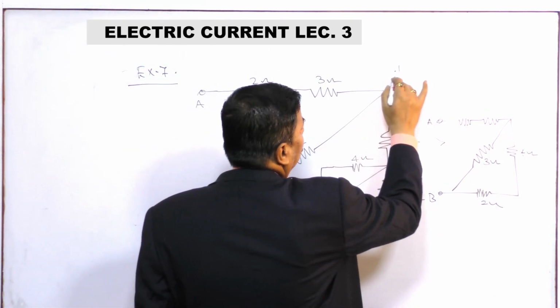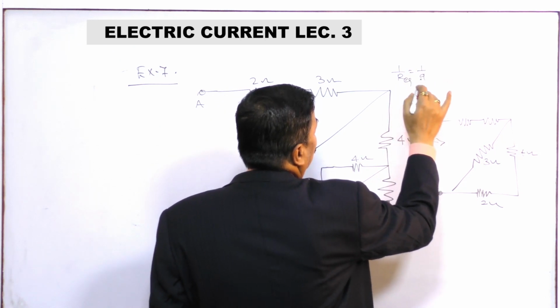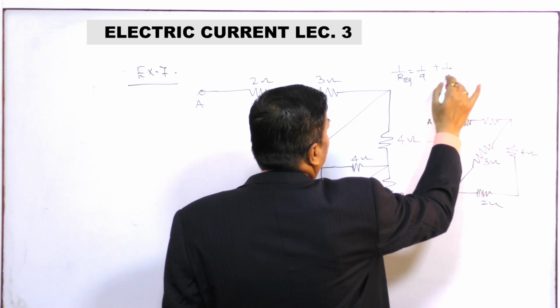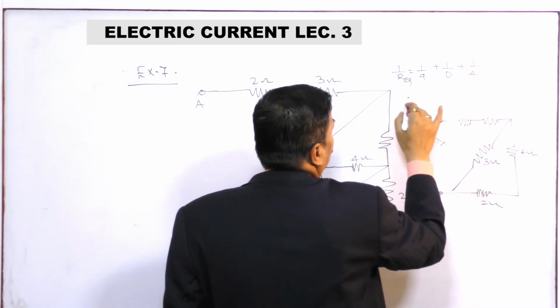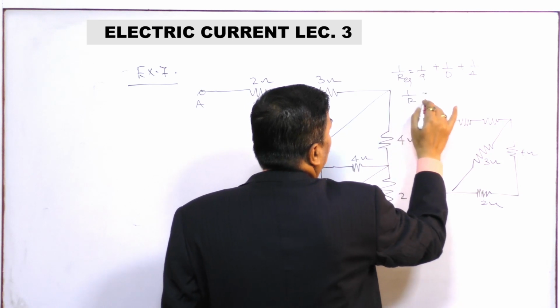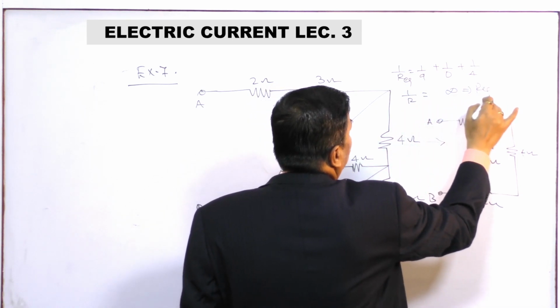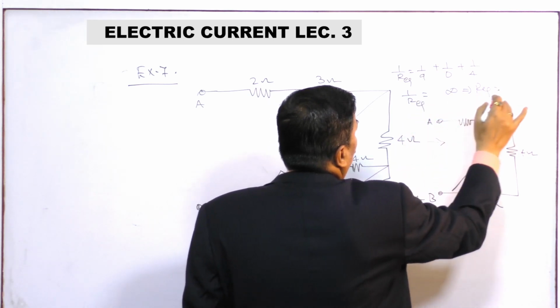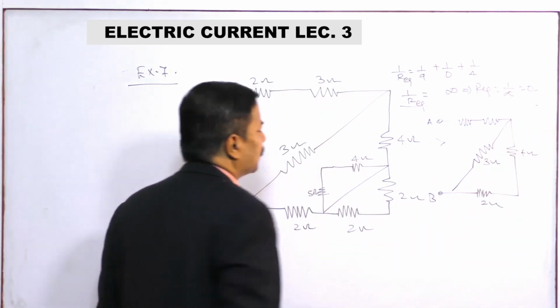So 1 by R is equal to 1 by 9. 1 by R equivalent is equal to 1 by 9 plus 1 by 0 plus 1 by 2 to 4. So what are you getting? 1 by R is equal to infinity, so R equivalent is equal to 1 by infinity, that is 0. So it is behaving like a simple wire.